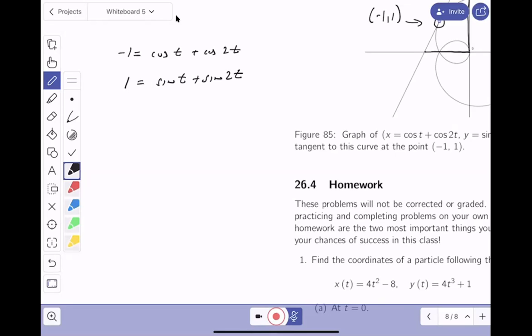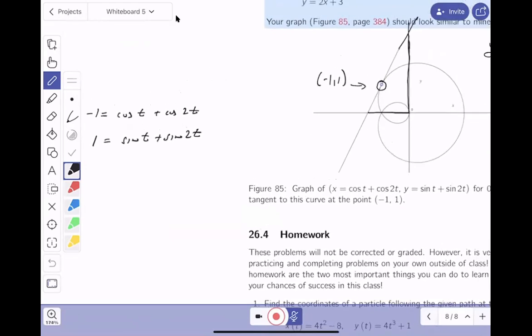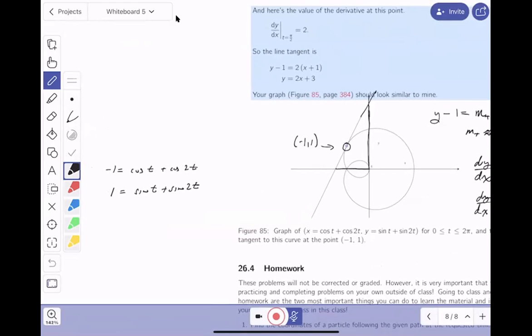It could be very difficult to do, but I got a picture to sort of help me out. I'm looking at the picture and I'm thinking maybe I could get that.